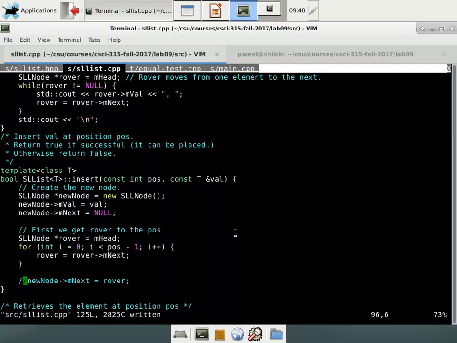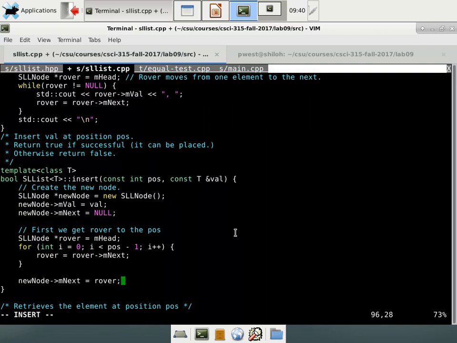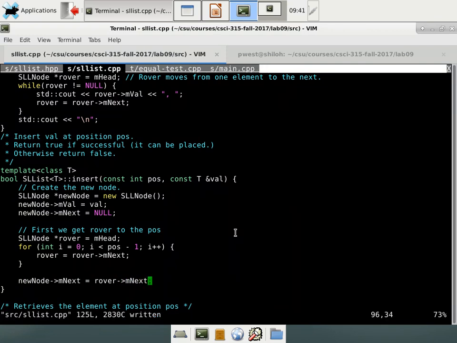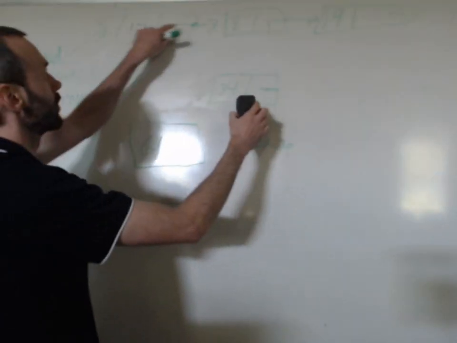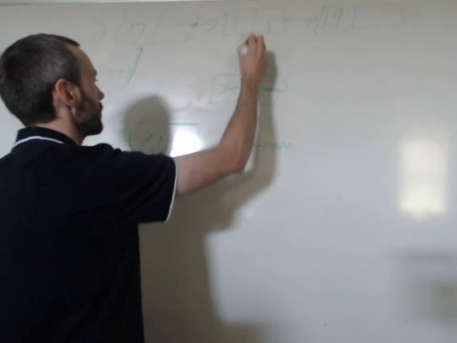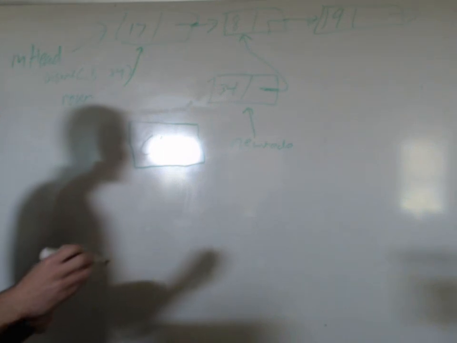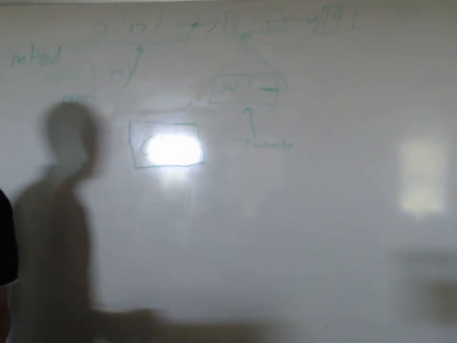All right, so actually the update of this code's not too bad. So newNode->mNext equals rover->mNext. So new node's mNext, that's this thing, is now going to point to rover's mNext, which is that guy. Is that what we wanted? Yes. Perfect.